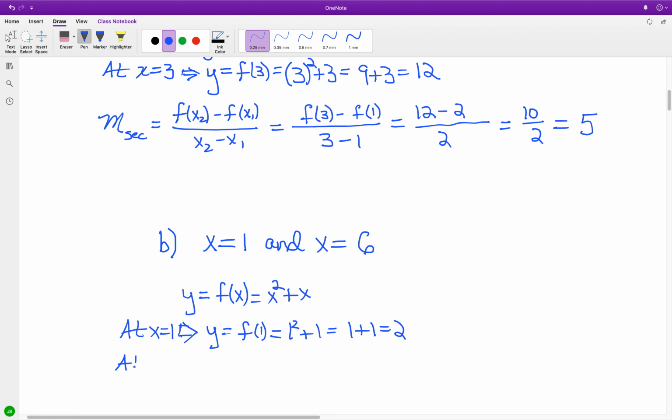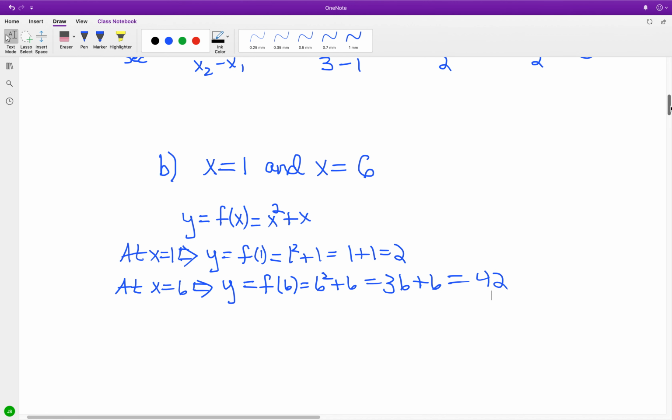And now, instead of going out to x equals 3, I'm going out to x equals 6. So you have y equals f of 6, which is 6 squared plus 6. 6 squared is 36, and 36 plus 6 comes out to 42.